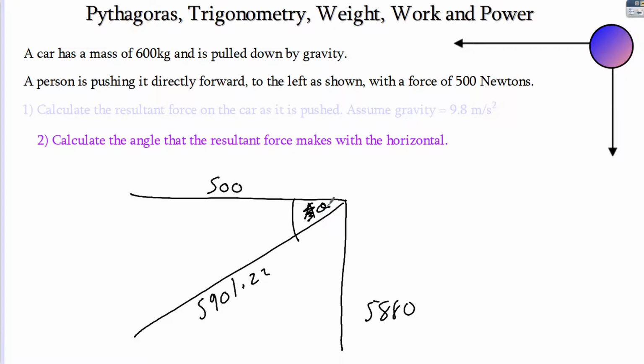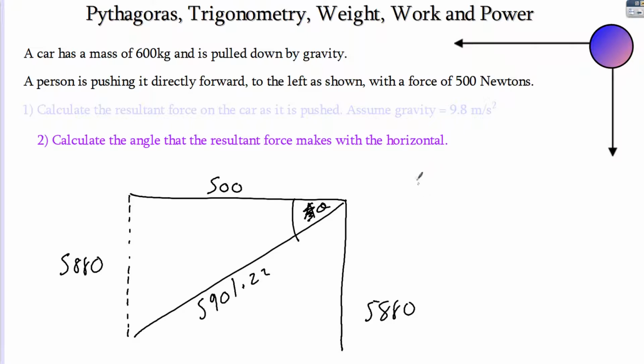So we've got another side here, of course, which is the same height as that, 5880. So to find this angle, we could use sine, cos, or tan, because we know all three sides of the triangle. Technically, I could do it with all three.